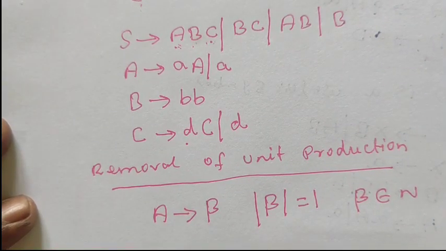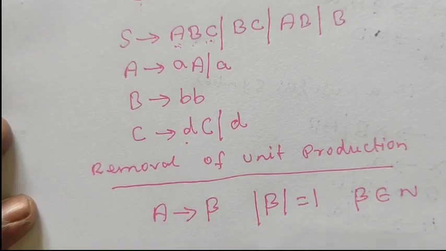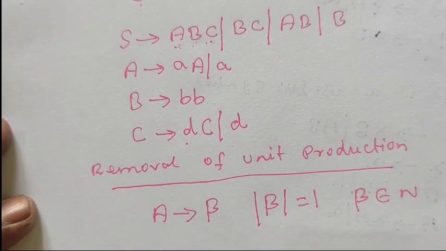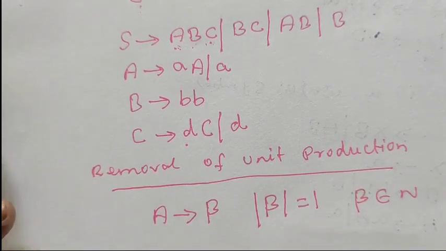If this is the case, then this is called a unit production. That means on the right side you will have only one non-terminal. Such kind of production should get eliminated. So we will learn how to eliminate the unit productions here.